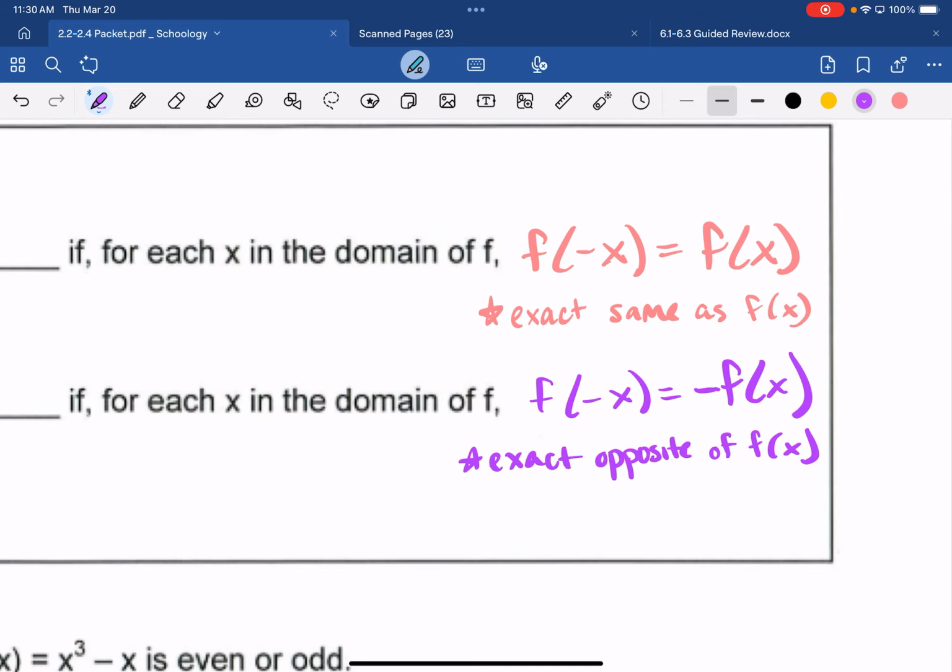So again, just putting some simpler terminology to those formal definitions. However, you remember how with the symmetries, we had to test 3 different ways. We had to plug in a negative x, then a negative y, then both. This time, we just plug in a negative x regardless. So we have a lot fewer steps than those symmetry pieces.